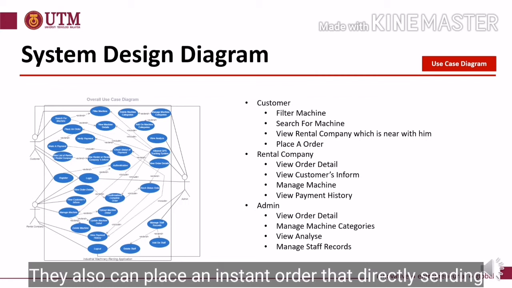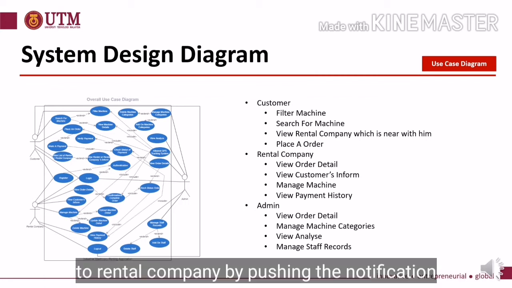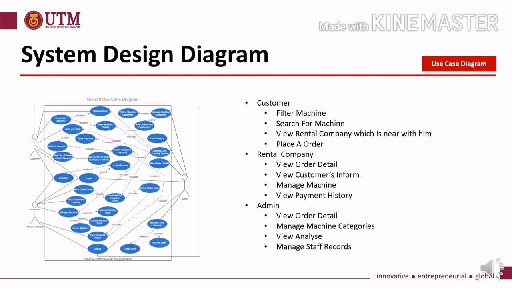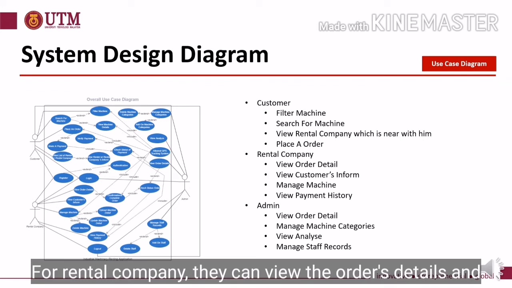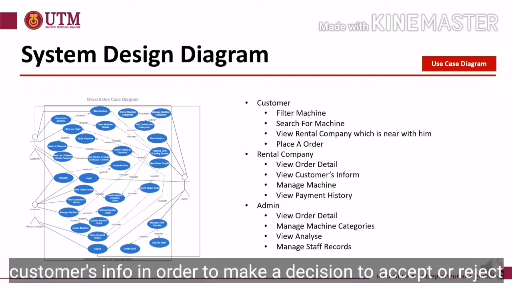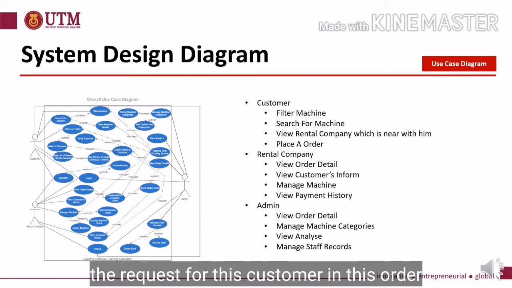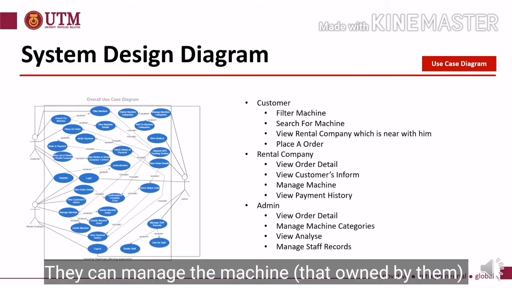It is directly sent to the renting company by push notification. For the renting company, they can view the order detail and customer information in order to make a decision to accept or reject the request for this customer and this order.